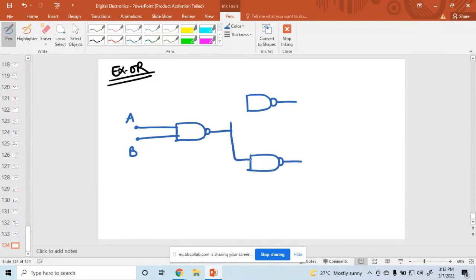Again here we have used one NAND gate, and its input is this one, another input is this value, and now here we have connected another NAND gate.